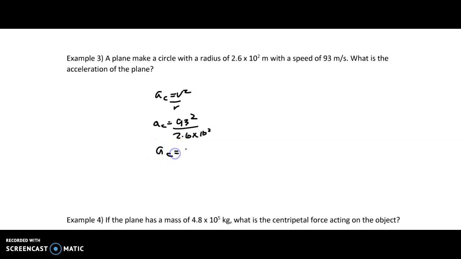And so you wind up with an acceleration of 33 meters per second squared, and that is to the center. Always to the center when you're dealing with examples like this with the acceleration.